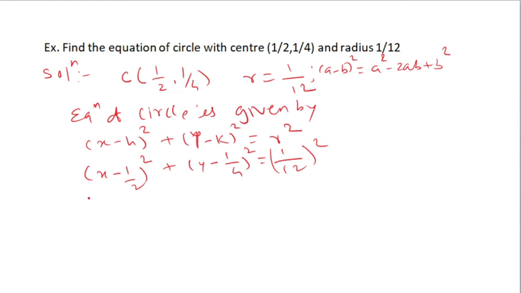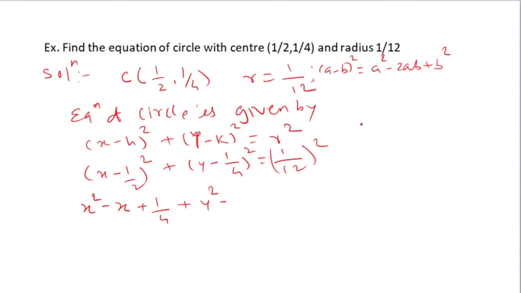Now what is the first term? First term is x square. What do we write? x square minus 2 into 1 by 2 into x, the 2 gets cancelled, we get just x, plus what is 1 by 2 square? 1 upon 4, plus y square, y square minus 2 into y into 1 by 4.